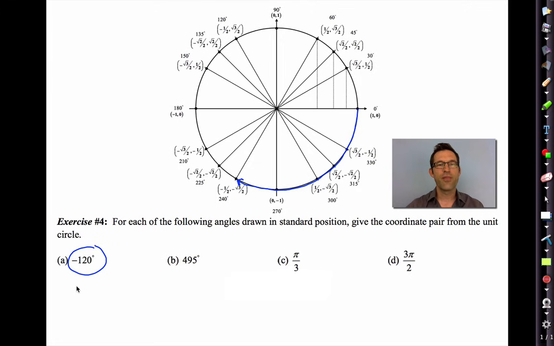And therefore, the coordinate pair that goes with it is negative 1/2, negative root 3 over 2. So the point is, if the angle that we want to know about is not on that diagram, we have to figure out if it's coterminal with an angle that is on that diagram. So think about that for 495 degrees.